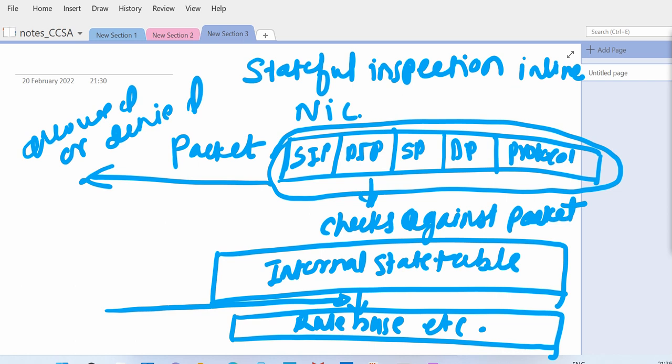This is what happens in a stateful inspection.